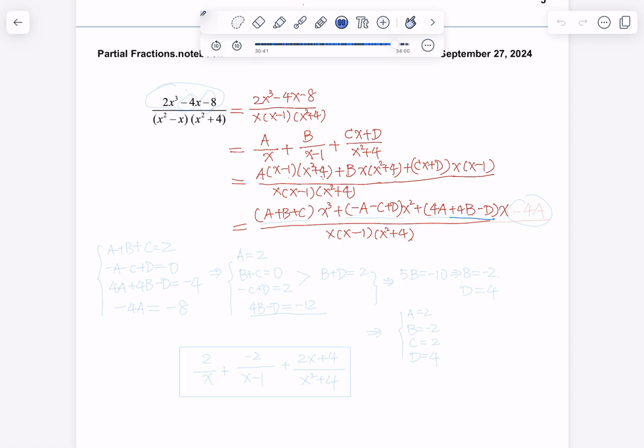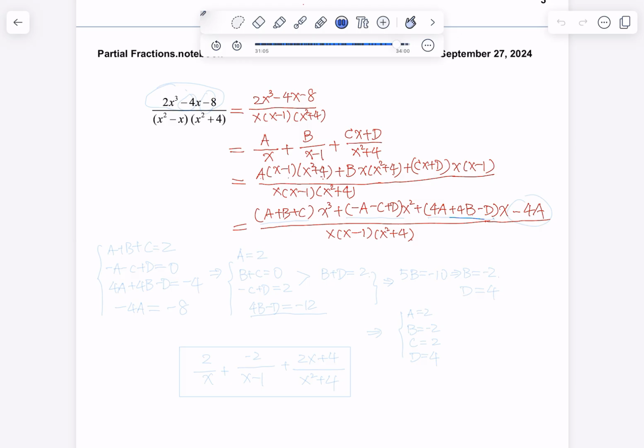To do this, you search each one of the multiplications to look for the terms you would like to collect here. Finally, the only constant term will be minus 4A.